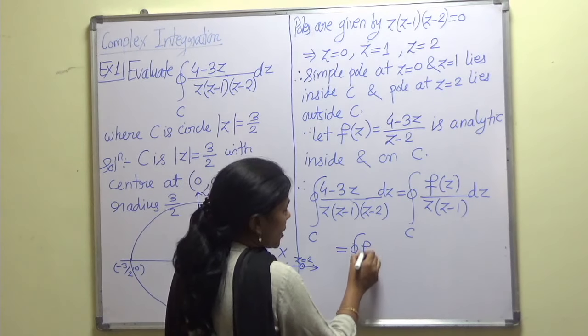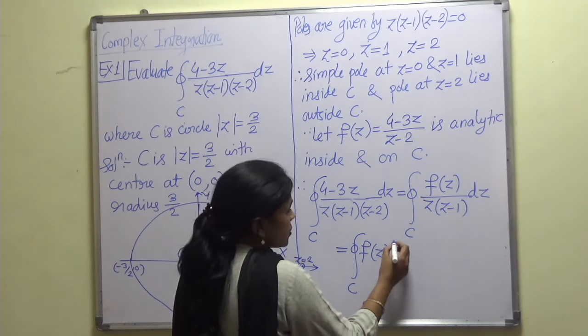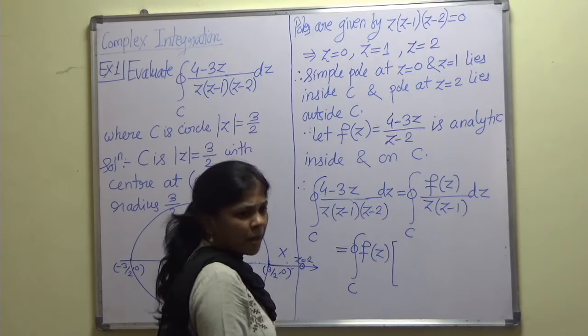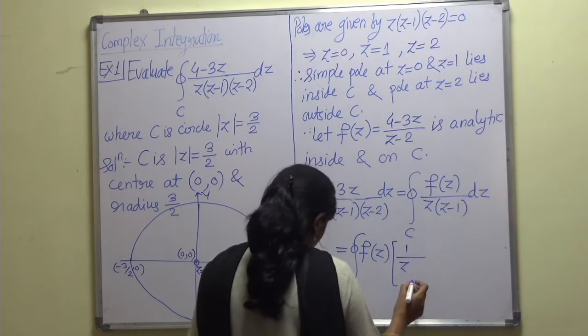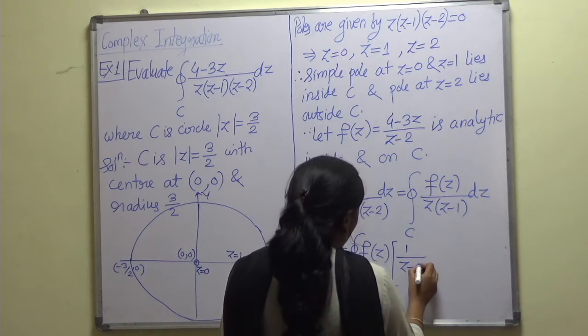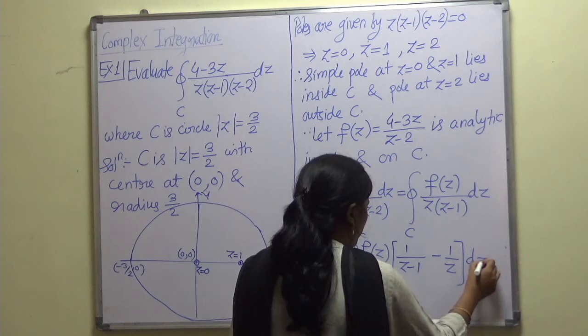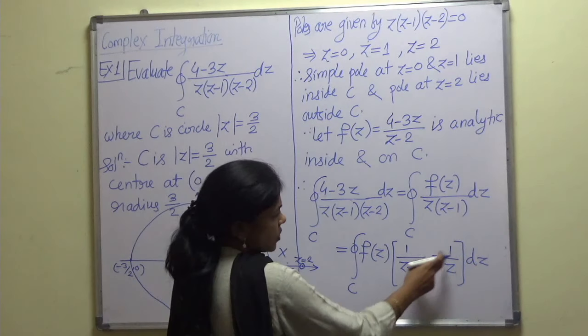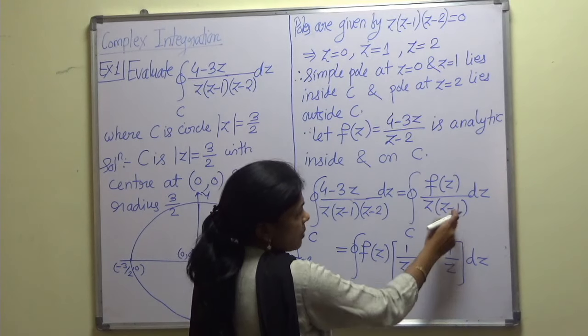So apply the method of partial fractions to what? To 1 upon z into z minus 1. As this is a simple term, we can write it directly. So it is 1 upon z minus 1 minus 1 by z. You can see here, just cross multiply and see whether you get the result as 1 upon z into z minus 1 or not.